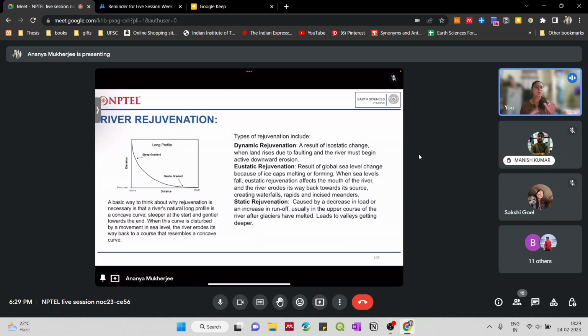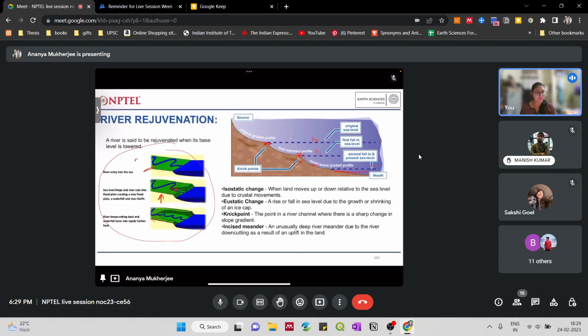Where the mouth of the river should be, close to the land area, it will move slowly towards the sea area. As you can see over here, at first the mouth of the river was present here, then due to the eustatic changes, the mouth of the river shifts towards the sea.